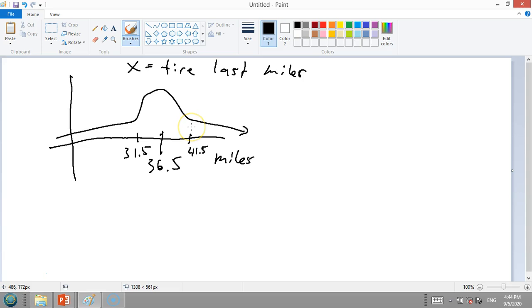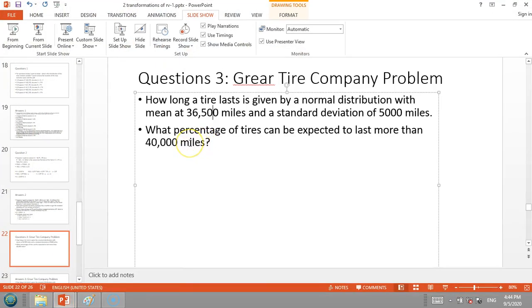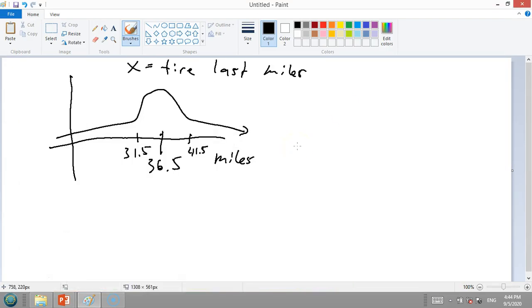And now the question asks, what percentage of tires can be expected to last more than 40,000 miles? So any random tire I get, what will be the percentage that it lasts more than 40,000 miles?